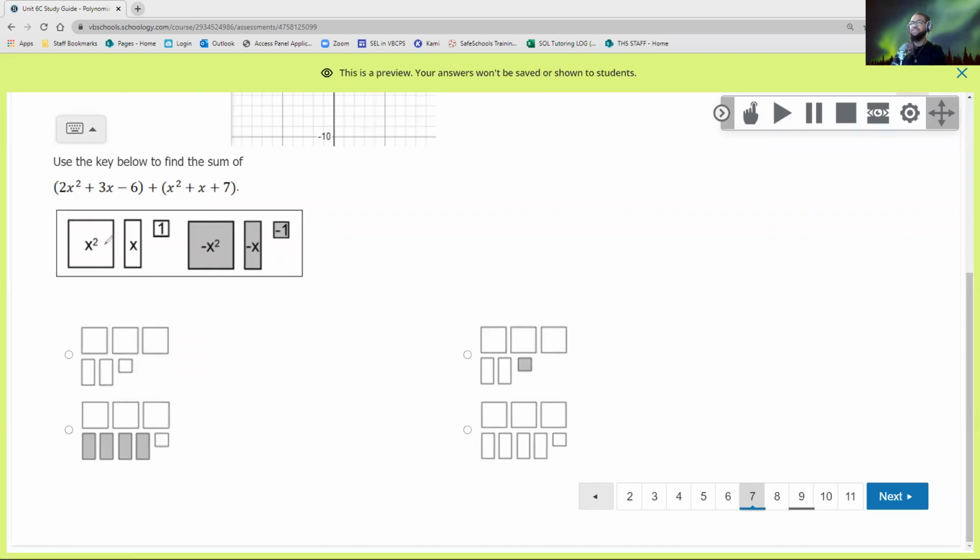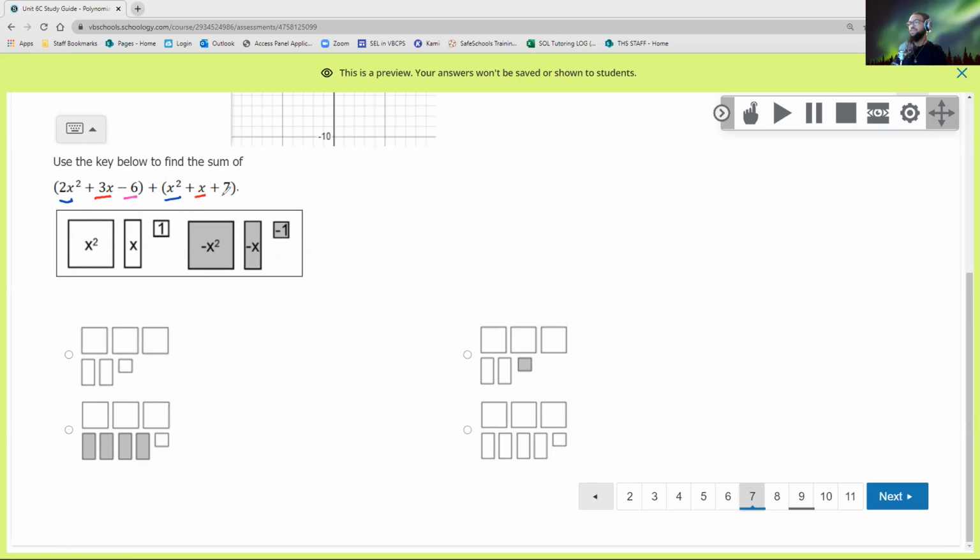So instead of trying to do the algebra tiles first and match it up and then do the math, it's a whole lot quicker to add these two polynomials together and then do your algebra tiles. So we got a 2x squared with an x squared there. And always, always, always go ahead and underline or circle your like terms to make sure you know what you're looking for.